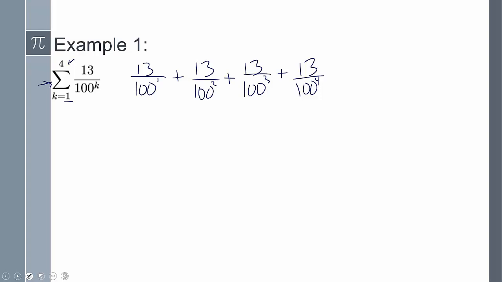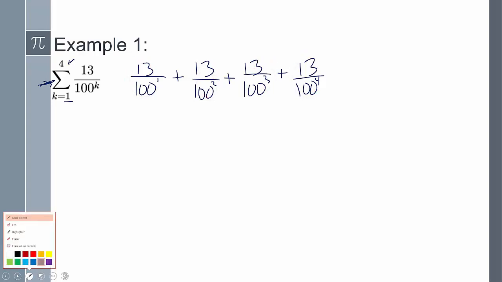So again, just to re-explain that, this sigma notation tells me I'm going to sum all of the terms from my first term to the fourth term. And so there's my first term, I'm adding it to my second term, to my third term, and to my fourth term.